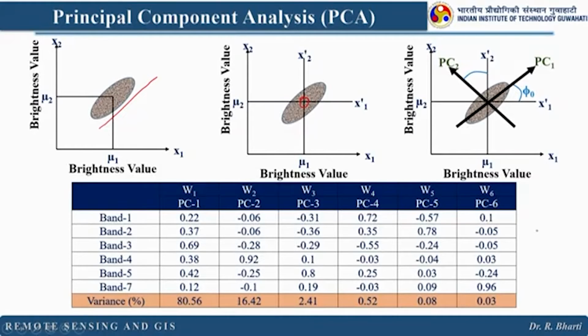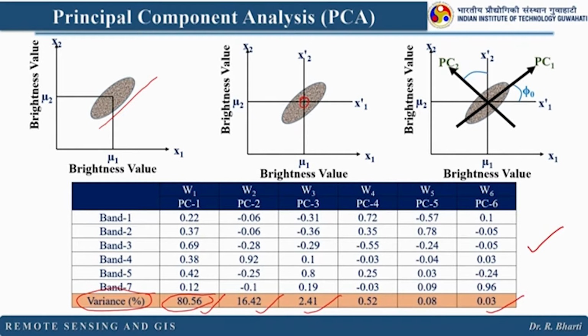And you remember this table from my last lecture. Here you can see the variance. For the first principal component, variance is 80.56. Remember, this is variance, not covariance. Variance is the variance among the data sets. Here this is highest, then it is decreasing, and it is decreasing to very low.